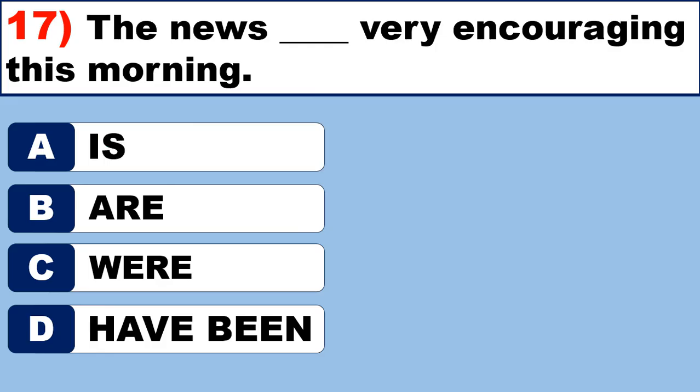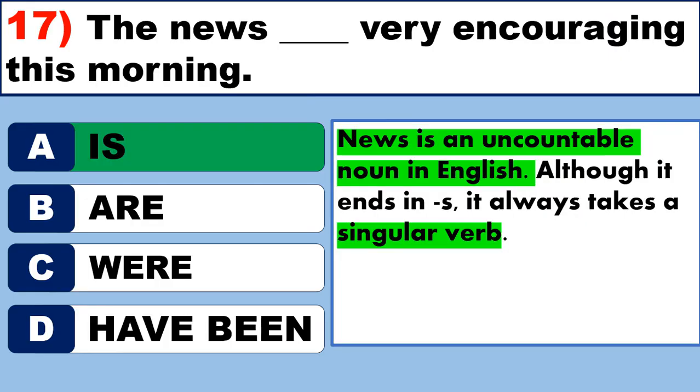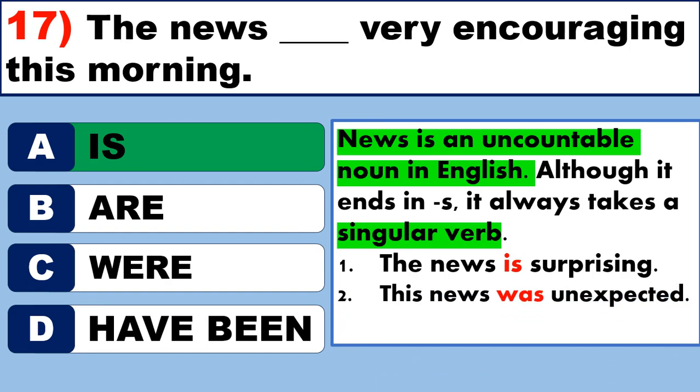So it is here normally singular. Is. The news is. News is an uncountable noun in English. Although it ends in S, it always takes a singular verb. So here it is. The news is surprising. The news was, not were, unexpected.